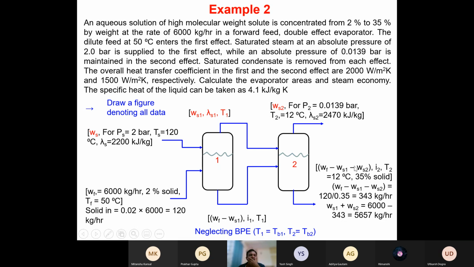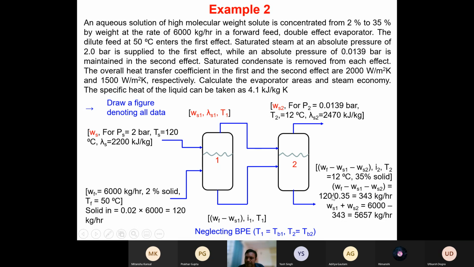So 35% concentrated, so solute concentration I can calculate here, isn't it? So 0.02 multiplied by 6,000, that will be the amount of solute present in the solution. So that is 120, and the solute will remain the same, isn't it? So now when this 120 becomes 35%, that solution amount I can calculate directly, isn't it?